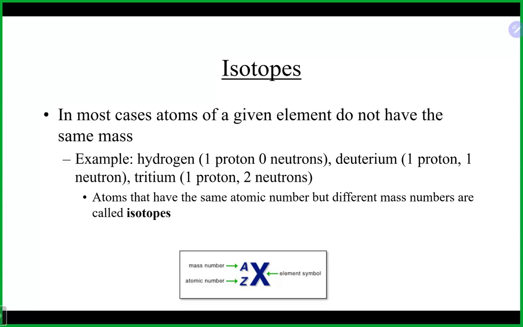So what does change is the number of neutrons, because remember, electrons are way less massive, about 1,800 times less massive than a neutron or a proton. So it is the number of neutrons that differs between isotopes. They are the same element, but they have different numbers of neutrons, and that gives them different masses.